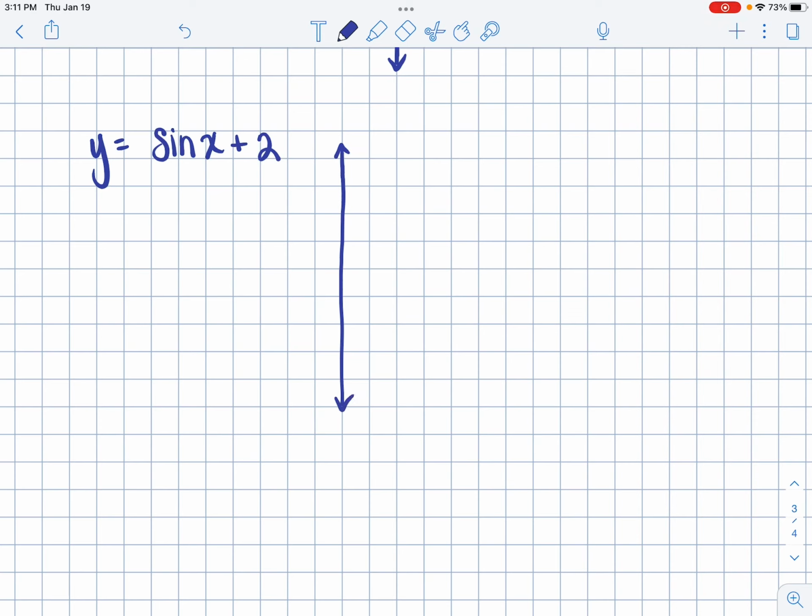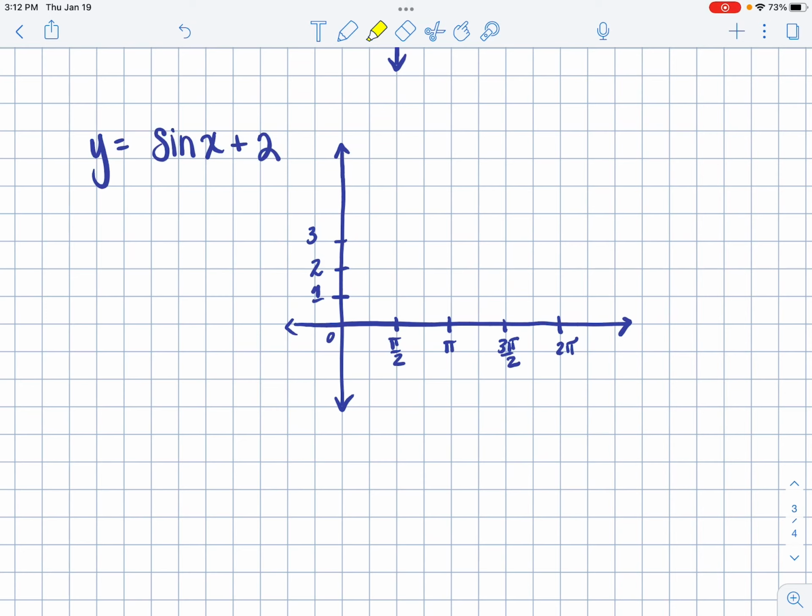But I can see that it is being shifted up 2, so I'm going to make my graph a little bit taller on the y-axis. Again, my pi halves, pi, 3 pi halves, and 2 pi are not going to change since this is simply a vertical shift. The whole graph is moving up 2, but since this is a normal sine wave, the amplitude is still 1, so I actually need to go up 1 more.